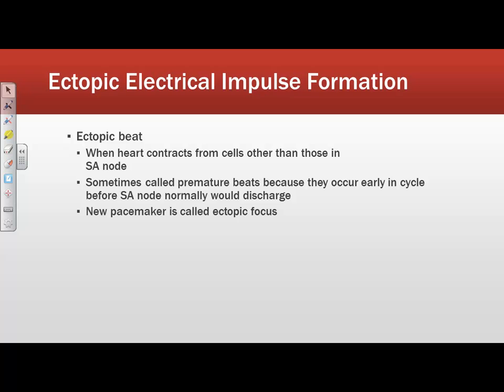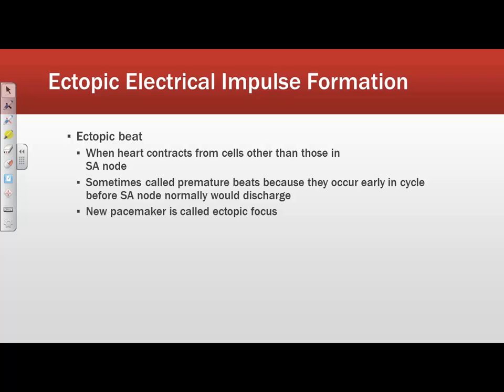But again, remember, we've got unique characteristics of heart cells where they can propagate their own electrical current. Anytime that something occurs outside of the normal conduction system, that will be identified as an ectopic beat.